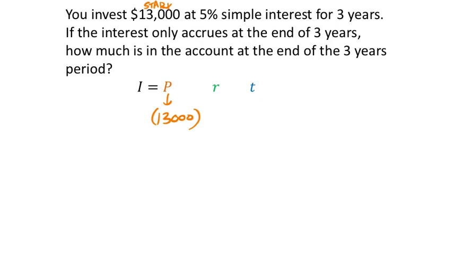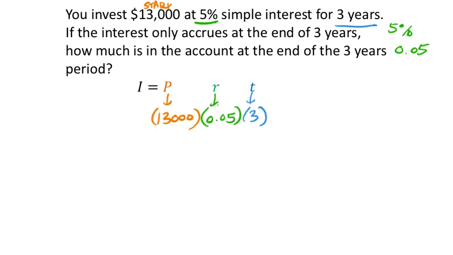It did give us the rate at 5%. Now again, 5% is like 5/100, which means you'd move the decimal 2 places to the left and make that 0.05. So our rate is 0.05. And then the time here, it says it's for 3 years. So the t, we're going to make a 3.